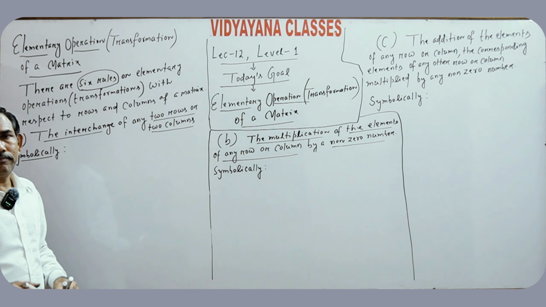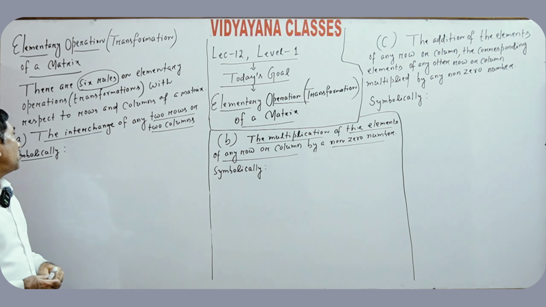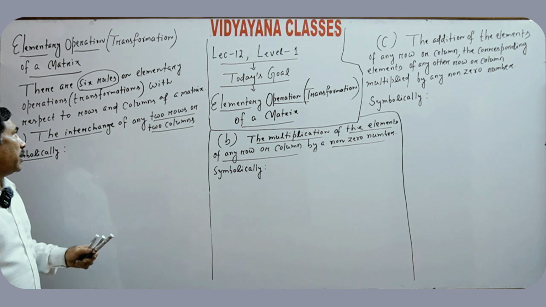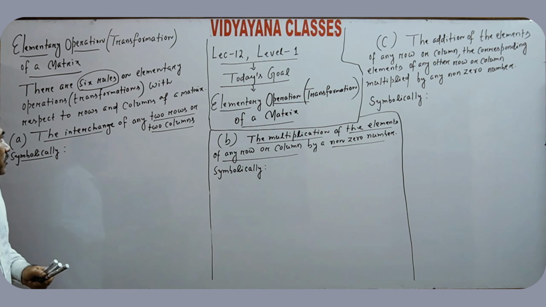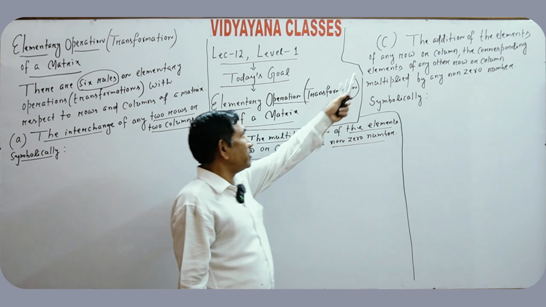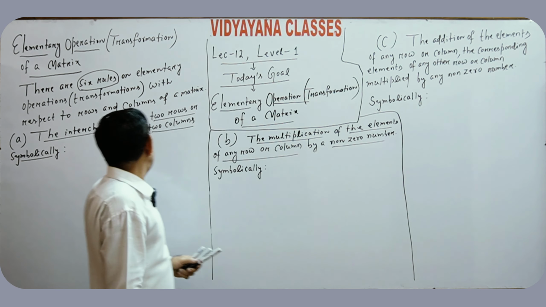There exist 3 rules with respect to row and 3 rules with respect to column. A contains 2 rules, B contains 2 rules and C contains 2 rules.